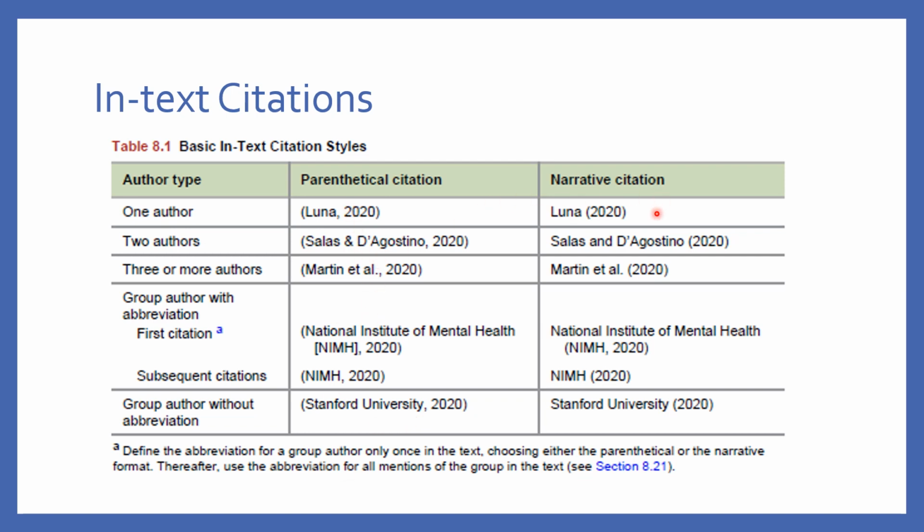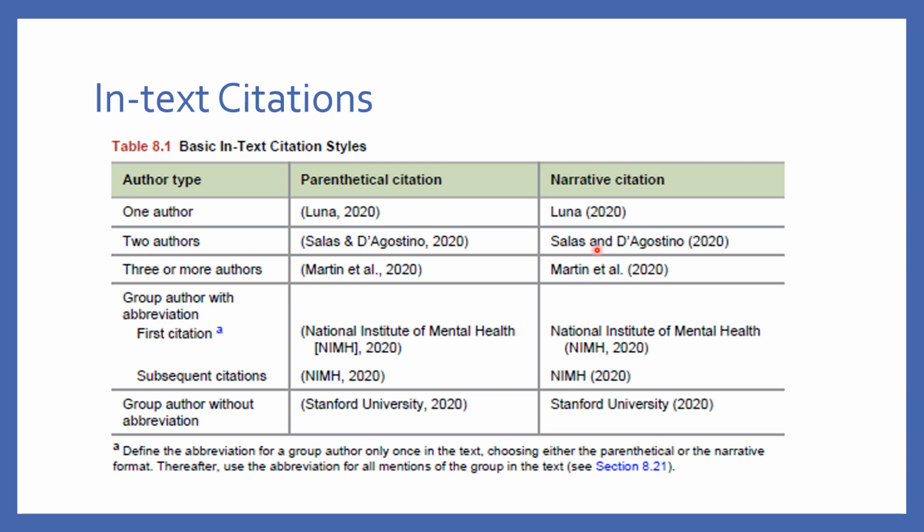If you look at the narrative citations, really all you notice is that you take the year that used to be inside the parentheses and put it outside of the parentheses. And then you just go forward the same. One difference, though, is that when you have two authors, here you see the first author and second author. In a narrative citation, you use the word and because it's part of a sentence.